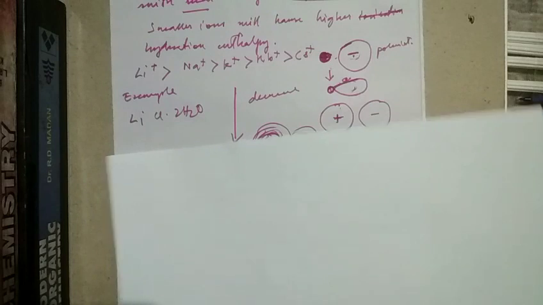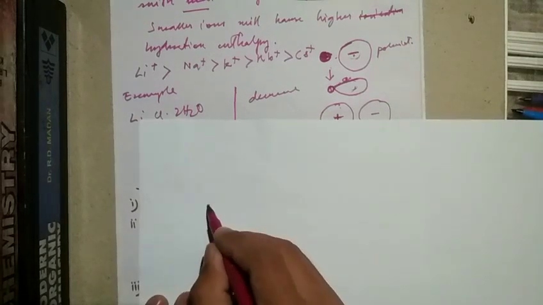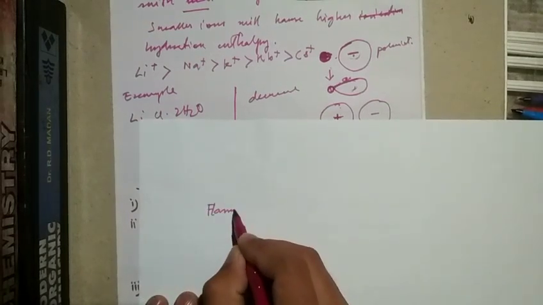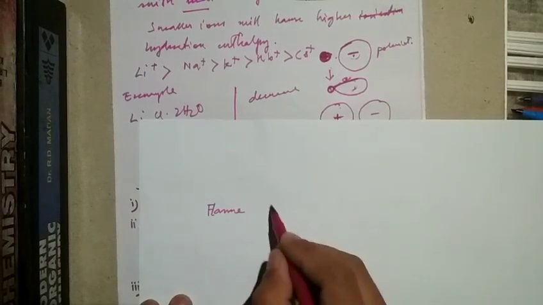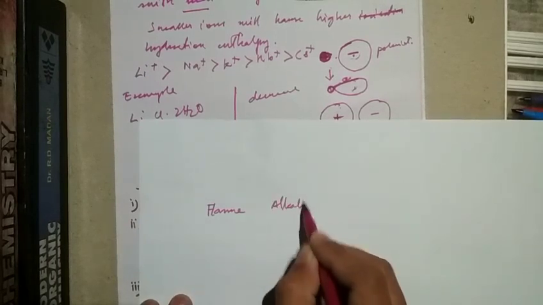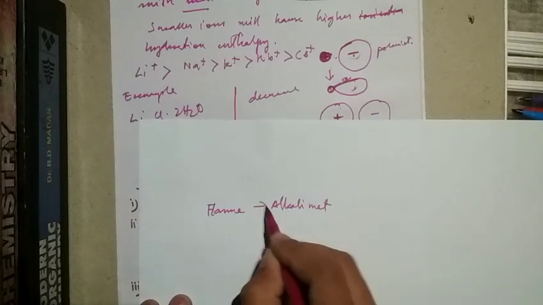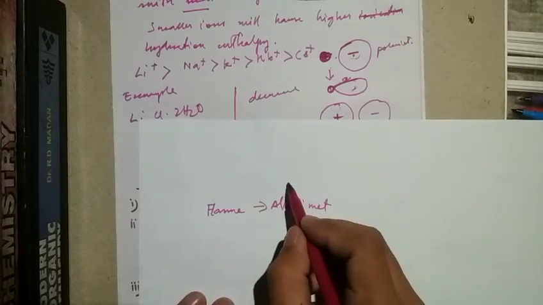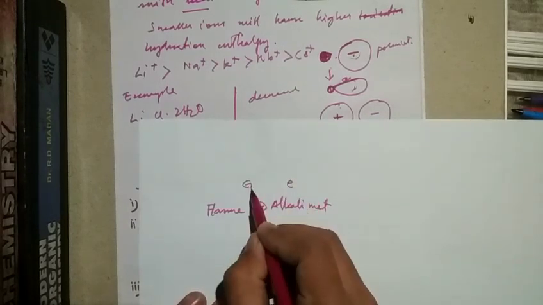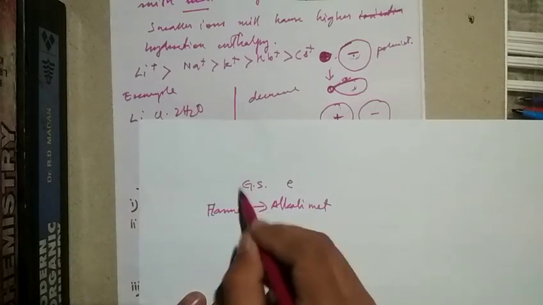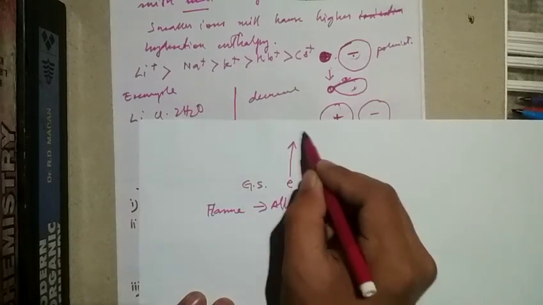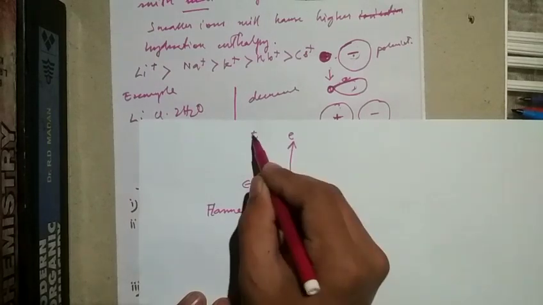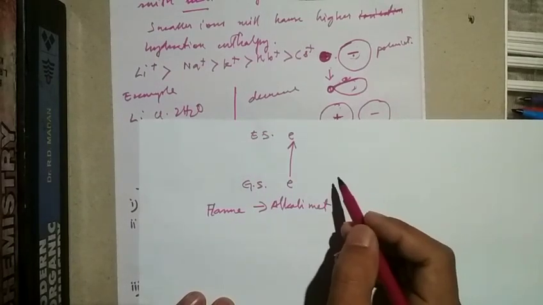So now let's see: when we apply flame to this alkali metal, their electrons are in the ground state. The electron absorbs energy and moves to the excited state.